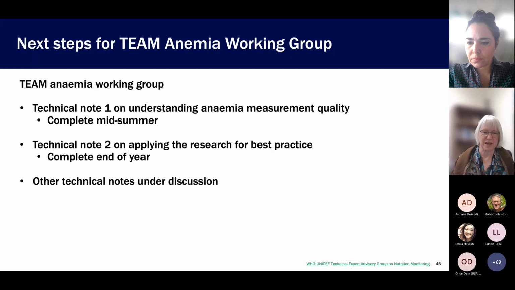We anticipate that technical note, because of the research that is still coming out, will be coming about the end of this year. And if we find that there are other technical notes, some of the topics and questions that came up, we would consider them as well.